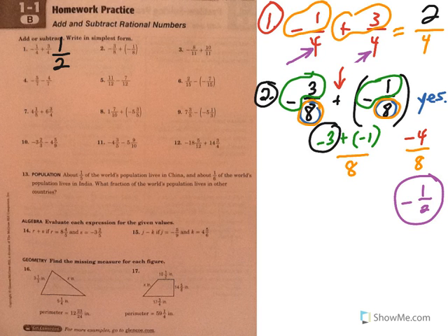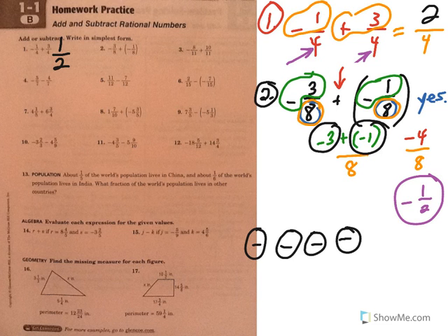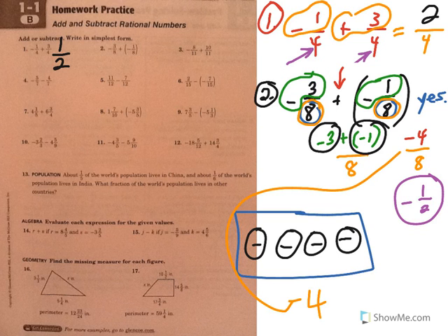Also understand, -3 looks like this. -1 looks like this. Are there any positives at all here? Is there anything to cancel out? No. So you know that your answer is going to be -4, which is what we put up here, -4. Simplest form is -1/2.